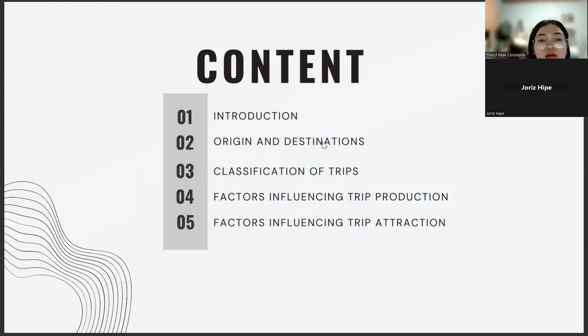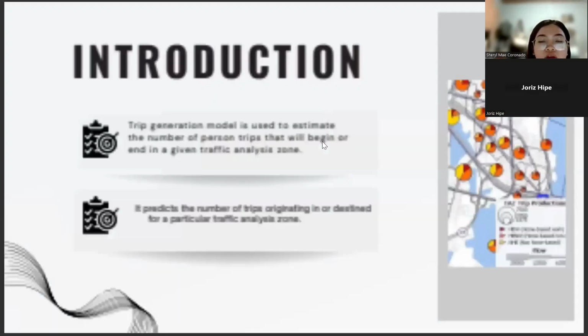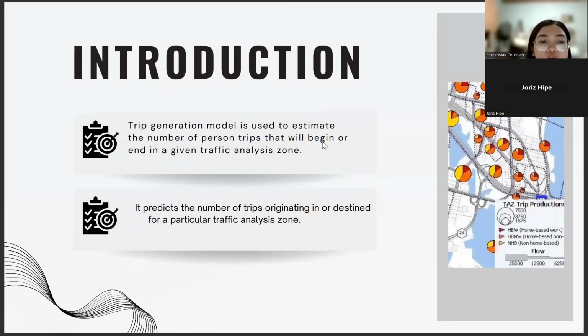So our content: introduction, origin and destinations, classification of trips, factors influencing trip production, and factors influencing trip attraction. In the introduction, a trip generation model is used to estimate the number of person trips that will begin or end in a given traffic analysis zone.